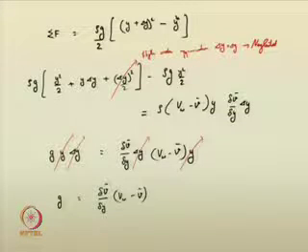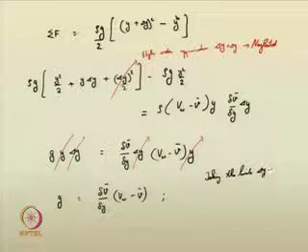So, again rearranging the terms and taking the limits as del y tends to 0, del V bar by del y becomes dV bar by dy.